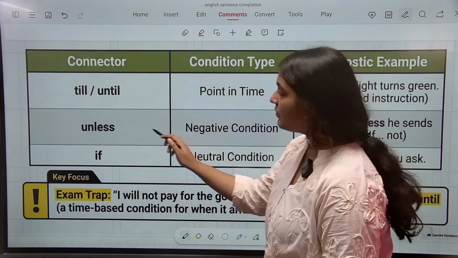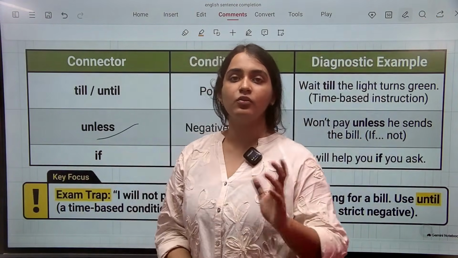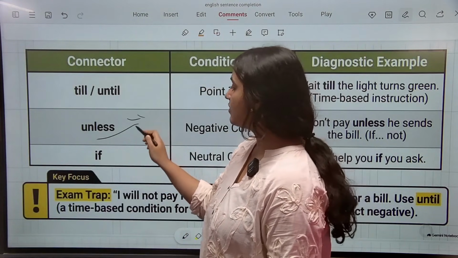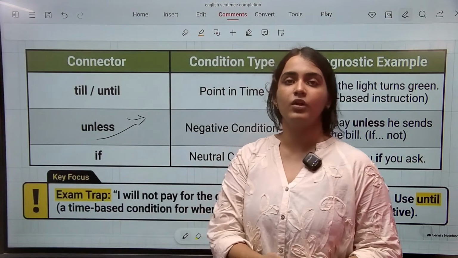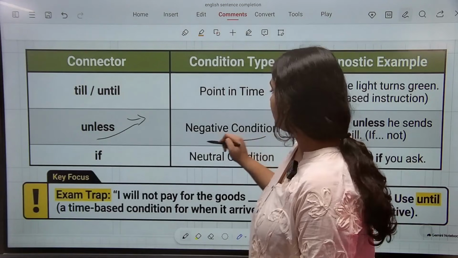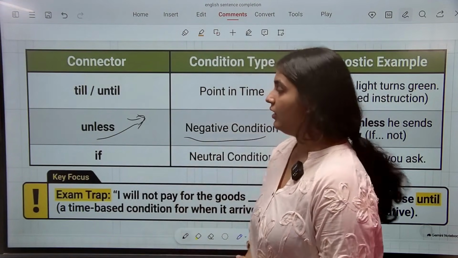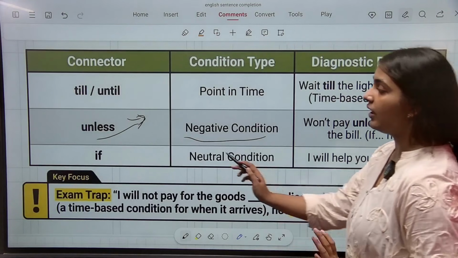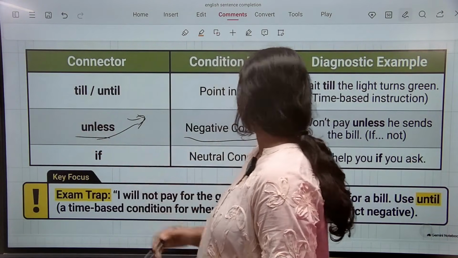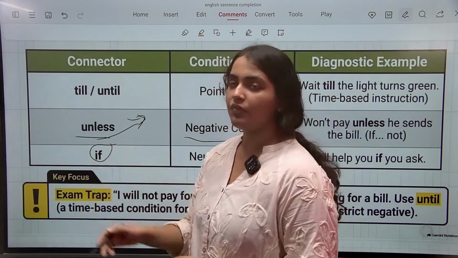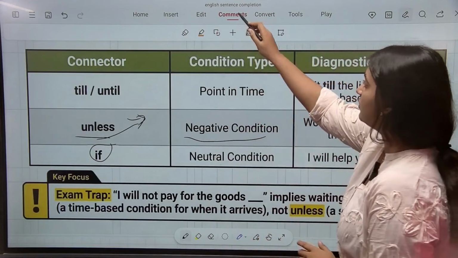Here it is more about time than condition. I will do this unless someone takes the work from me. Here there is a condition. If somebody else does not do it, then only I will do it. As I said, if is a neutral condition.